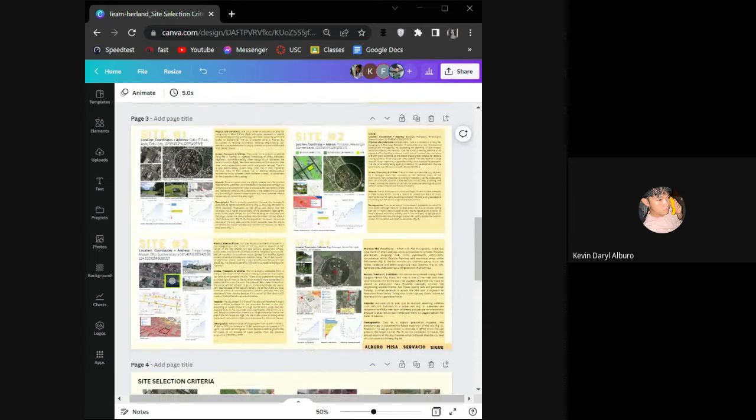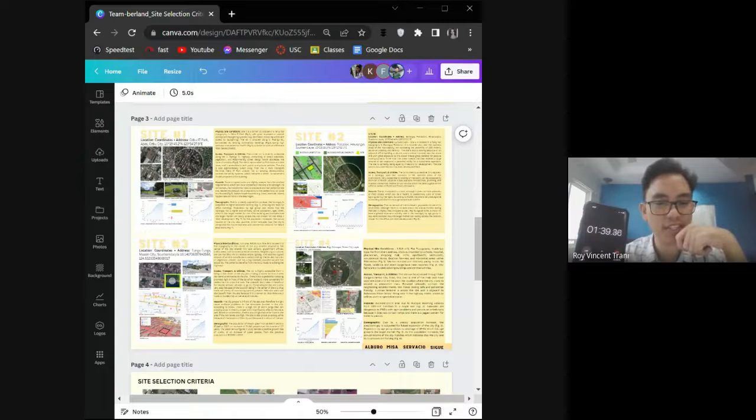Each of us has put the analysis, but since the first presenter said we have to make it less wordy, we have yet to summarize everything into something that isn't too wordy. We have put the analysis for each site, and we just try to summarize what's going on in each site.